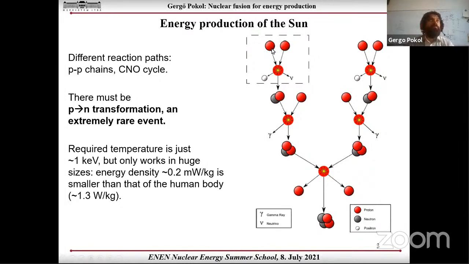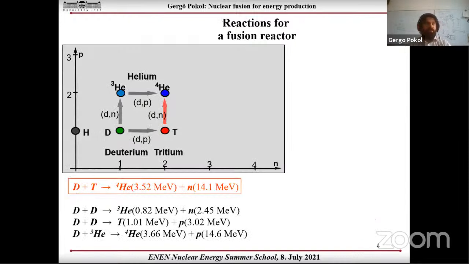But still, if we want to burn something on Earth, usually we would like to do it a bit more rapidly. And for this reason, we are not aiming exactly for the same fusion reaction as the sun does, but we are aiming to fuse isotopes that already have neutrons in them.